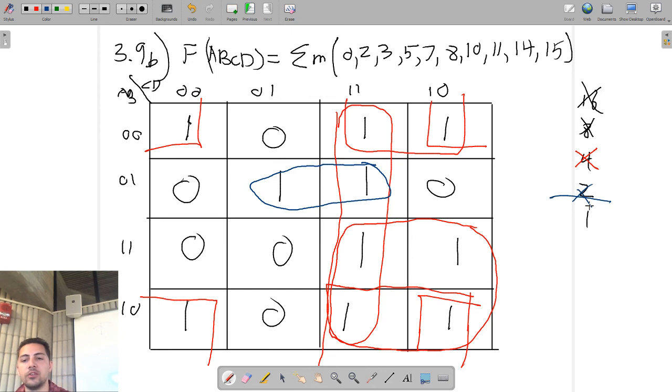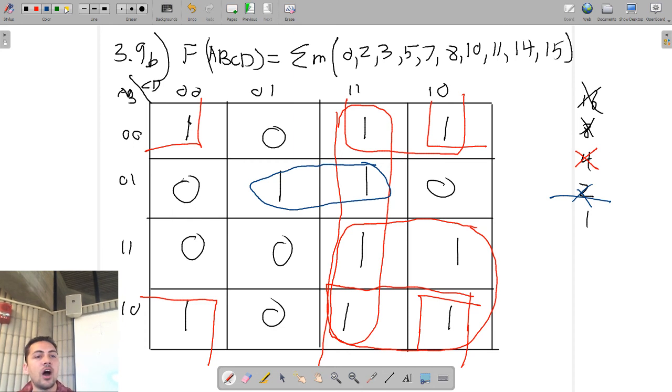We're done at 2. So the question is, which of these circles are essential prime implicants. What does it mean to be an essential prime implicant? At least one uncovered one. There has to be at least one cell that is not covered by any other prime implicant. So we just went through and found all the prime implicants.